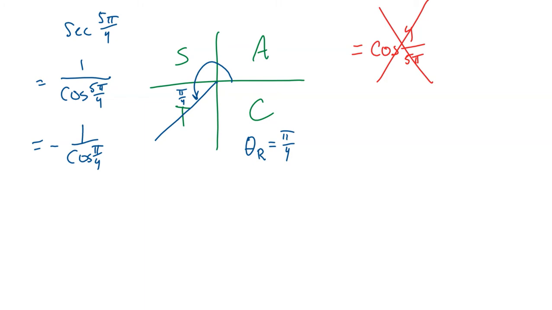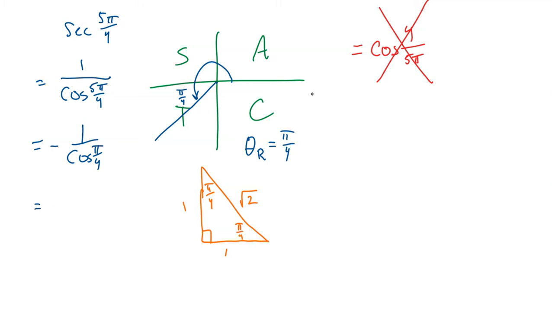Finally, pi by 4 is in one of the special triangles, so I'm going to draw out the triangle. Cosine is adjacent over hypotenuse, so it's 1 over root 2.